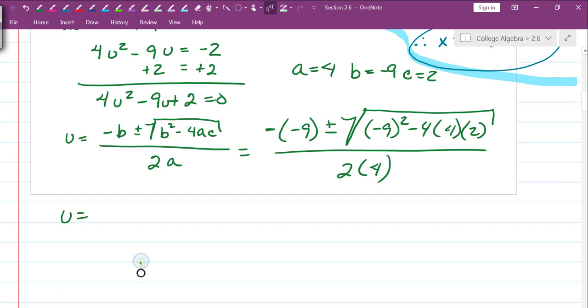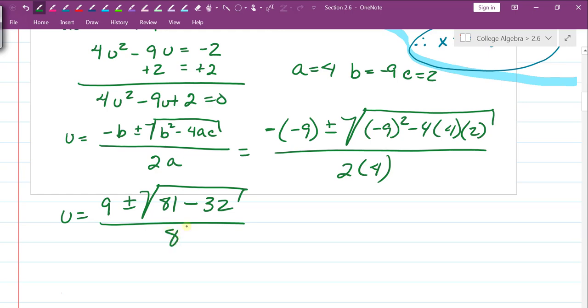So I have u is equal to negative times a negative is going to give me a positive 9, plus or minus the square root of -9 squared, which is 81, minus 4 times 4 is 16, times 2 is 32, divided by 8.